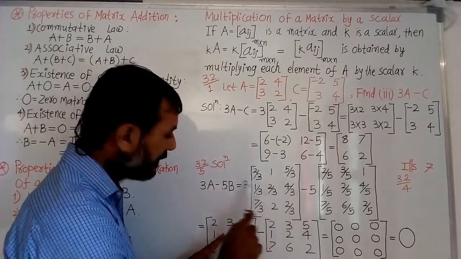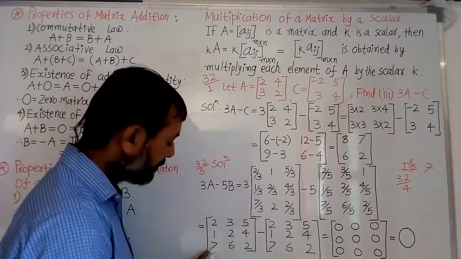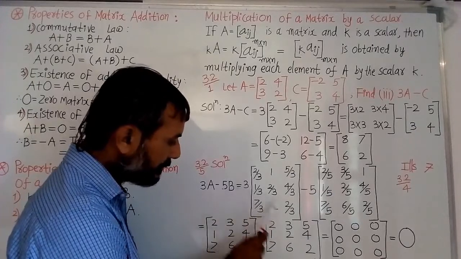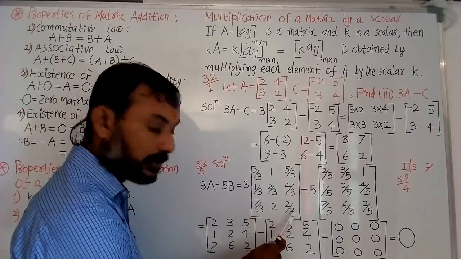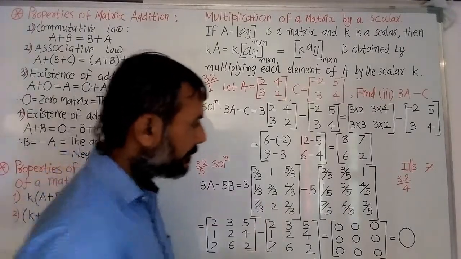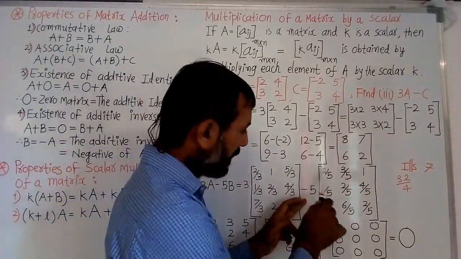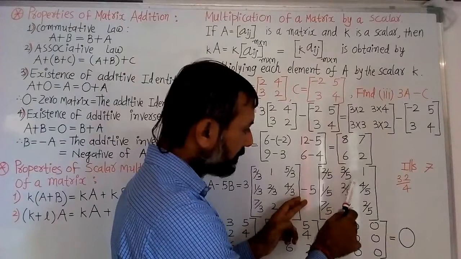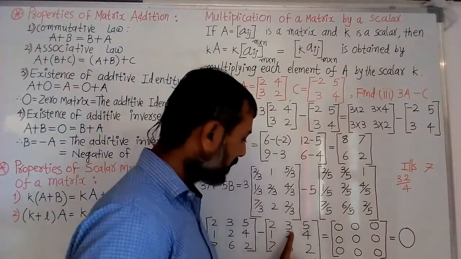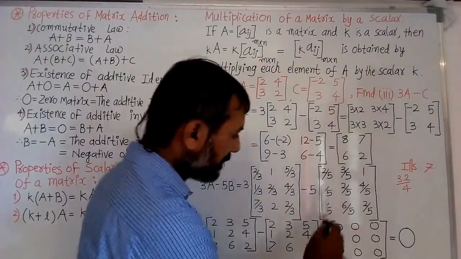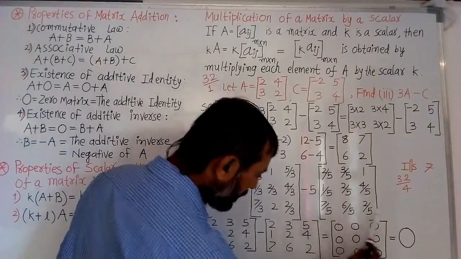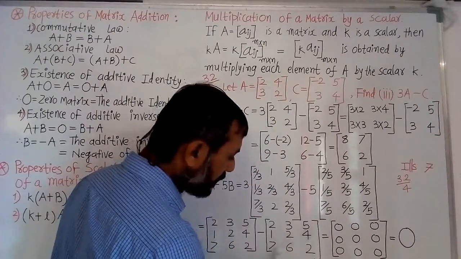Similarly 4 by 3 into 3, 4 remains. 7 remains, 3 2s are 6 and the 3s cut, 2 remains. Similarly here multiply by 5, 2 by 5, so 2 remains. Here 3 by 5 into 5, so 3 remains. 5 ones are 5. Similarly when you multiply each element we get 1, 2, 4, 7, 6, 2.